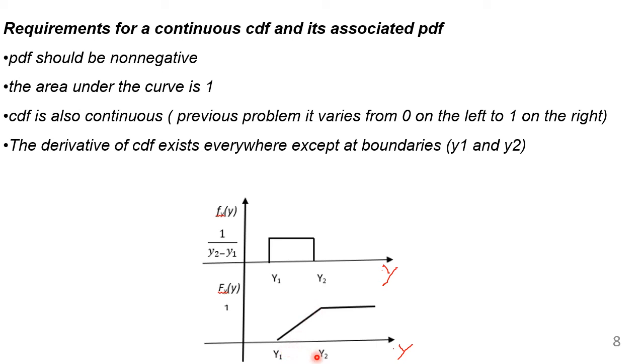At y equal to y2 its value is going to be 1, and it remains 1 for all values of y greater than y2. Only during this period its value will change, given by y minus y1 divided by y2 minus y1. So at y equal to y1, its value is going to be 0. At y equal to y2, its value is going to be 1. And you can observe here that it is a continuous function.